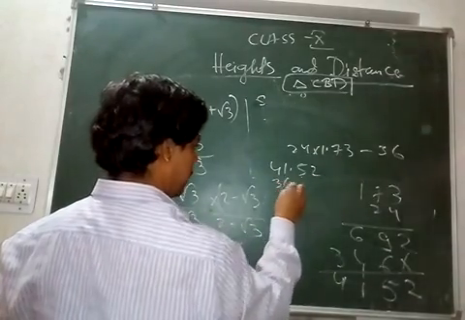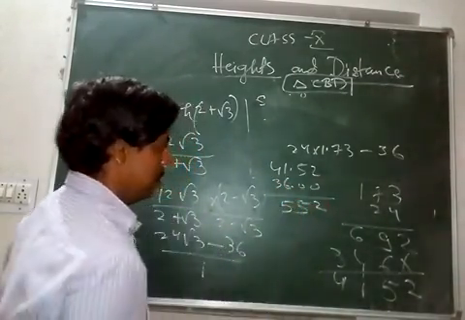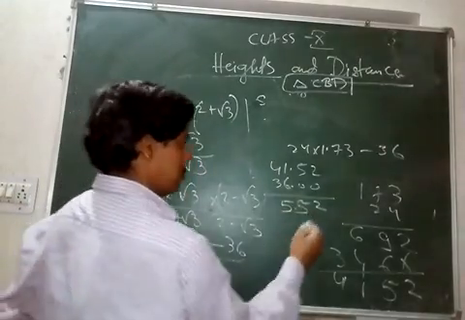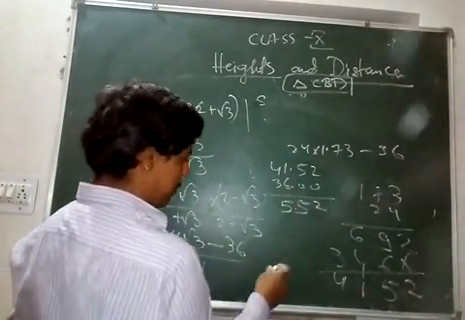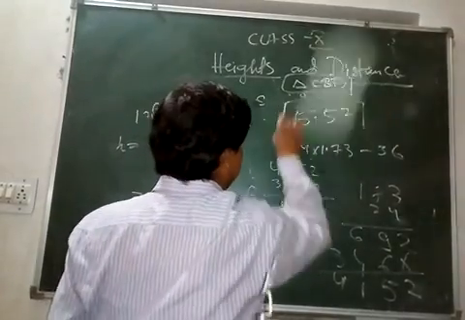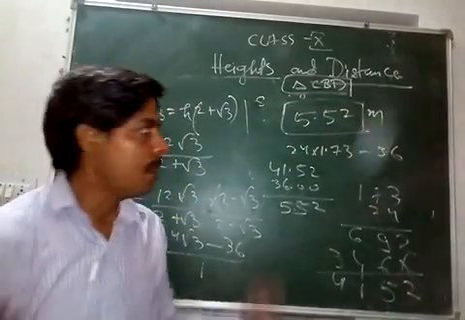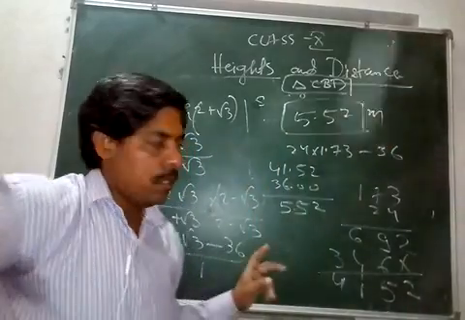So I can just subtract 36 from here, and 5.52. So the height at which the tree broke is equal to 5.52. That is the required height in meters. You can put the answer in a box.